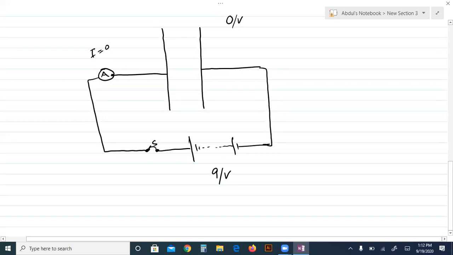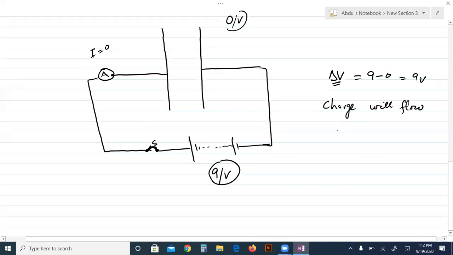When the switch is closed, due to the potential difference, delta V, between the battery and the capacitor, which is initially 9 minus 0, 9 volt, charge will flow. So the current will be there in the ammeter. So the current will be greater than 0, meaning the current is recorded by the ammeter.